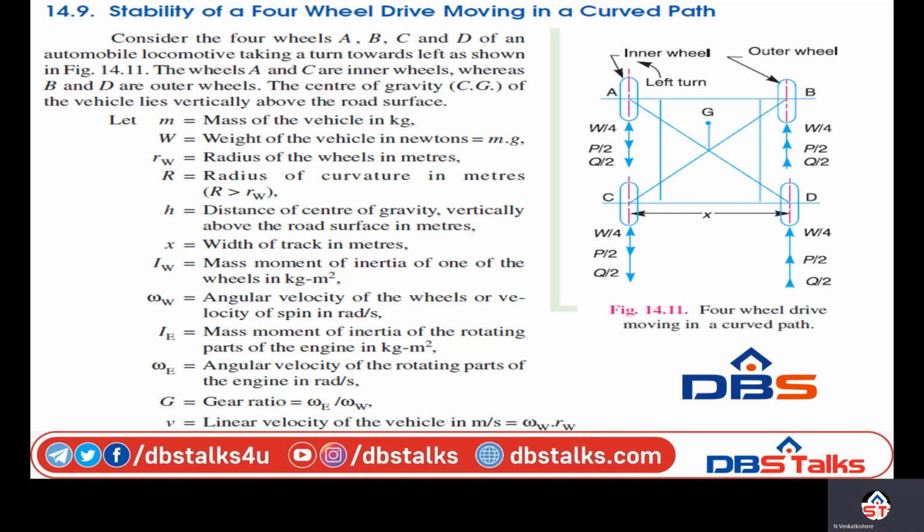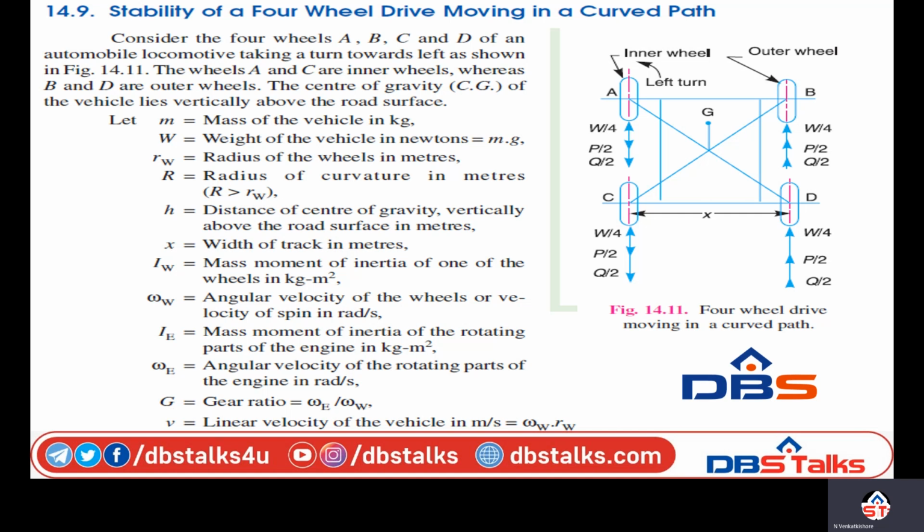In the same way, when the rotating parts of an engine are rotating in the opposite direction, a negative consideration will be there. Then C = CW minus CE.